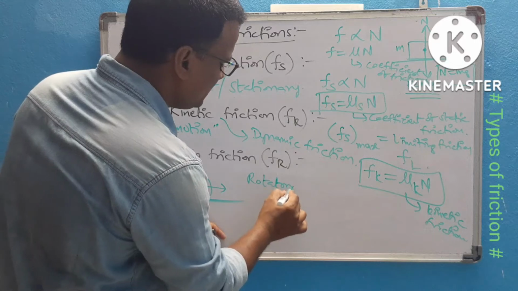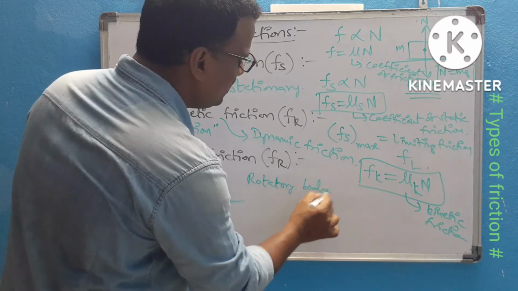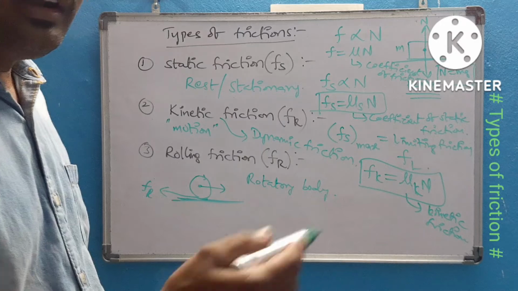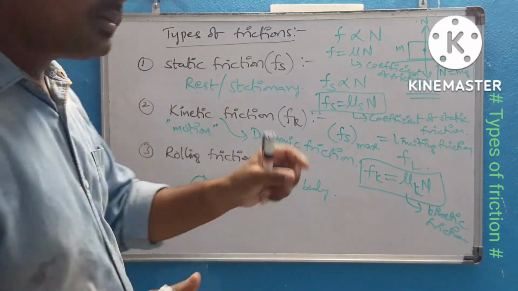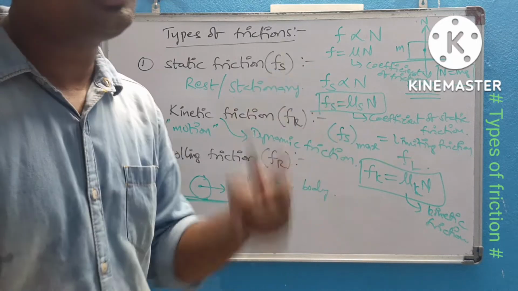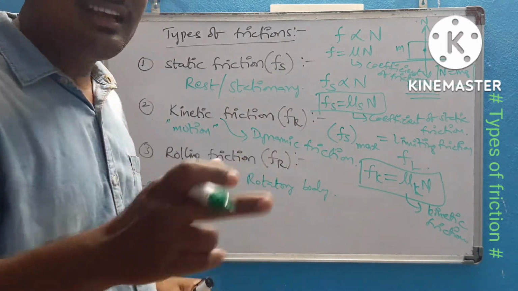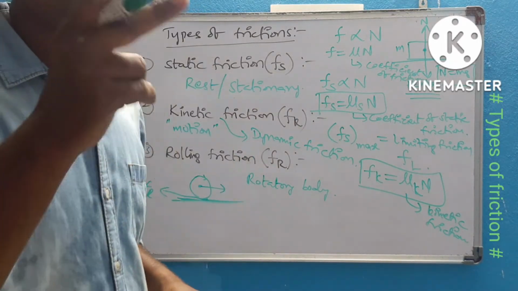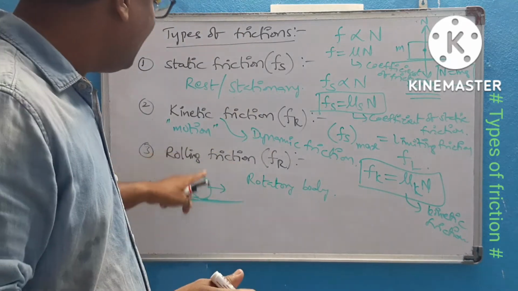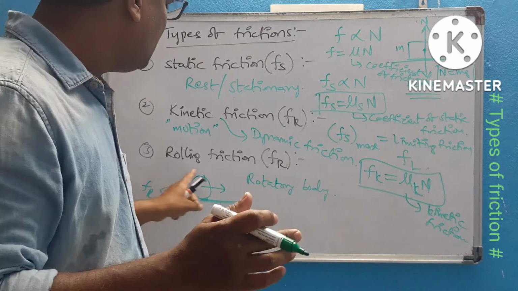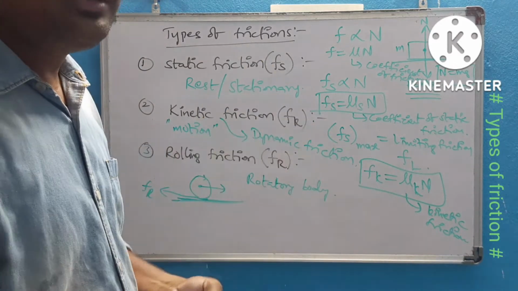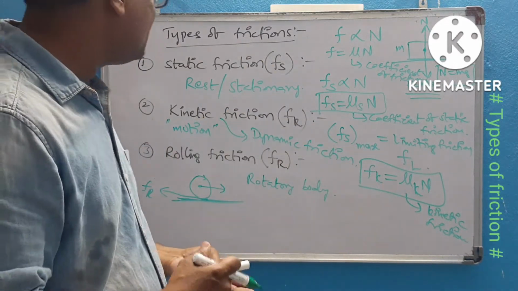For a rotatory or rolling body, not sliding, static friction is developed when the body is at rest, kinetic friction is developed for a sliding body, but rolling friction is developed when the body is in rotating motion.